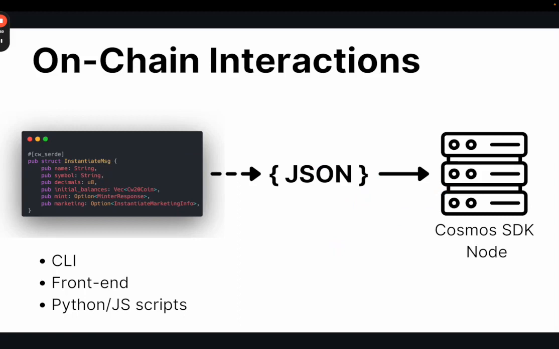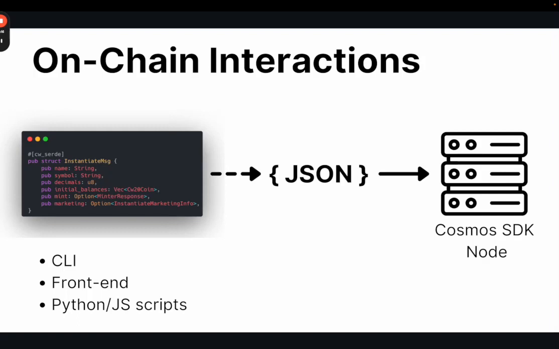For the most part, this is done through the CLI or through a front end, like some of the tooling that we have on the Abstract Developer Console, or teams would typically use Python or JavaScript scripts. And I think this is actually a practice that carried over from the EVM ecosystem, as you cannot write scripts in Solidity.